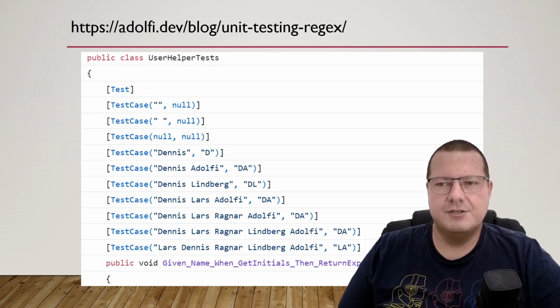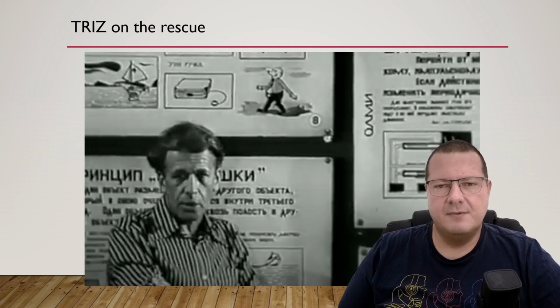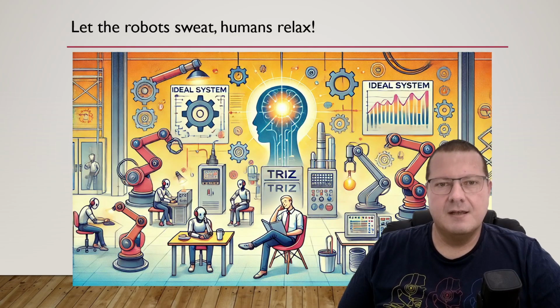And here I would like to take a little lyrical detour and ask if everyone is familiar with this wonderful man. I hope many of you recognize him, and this is Henry Altshuller, the author of the theory of inventive problem solving.